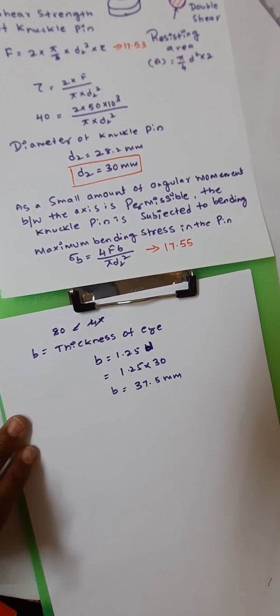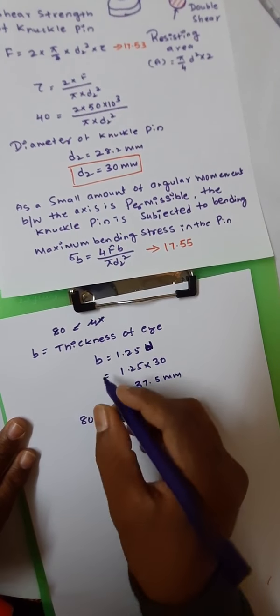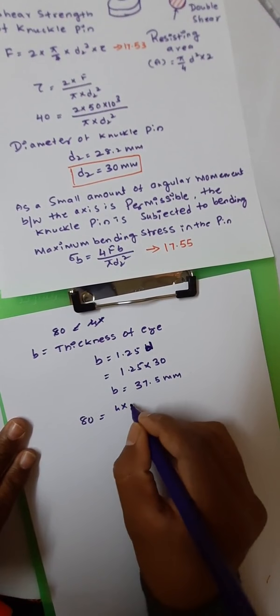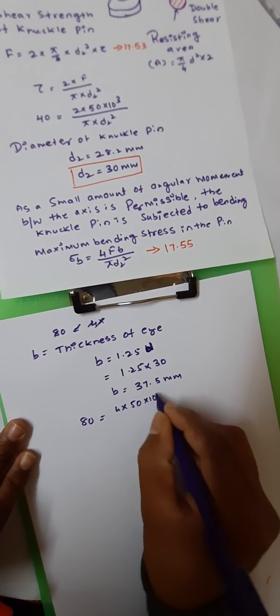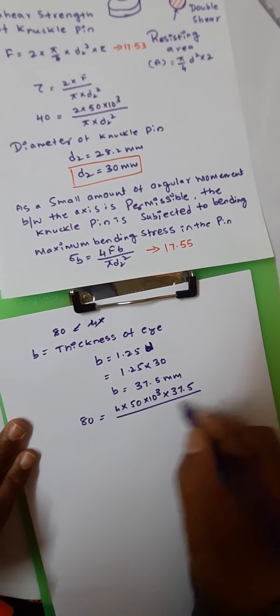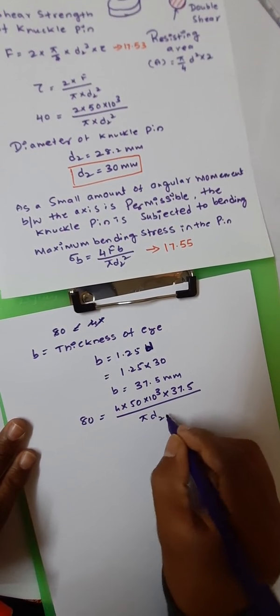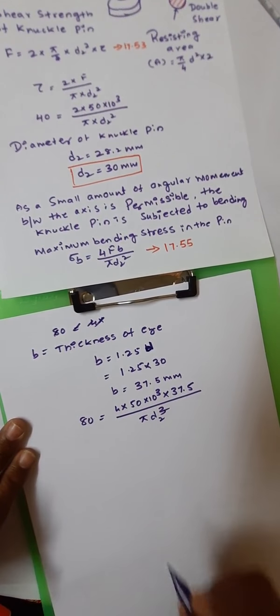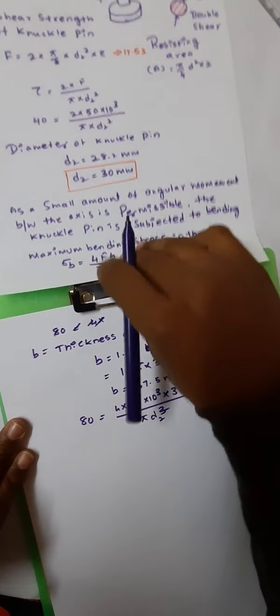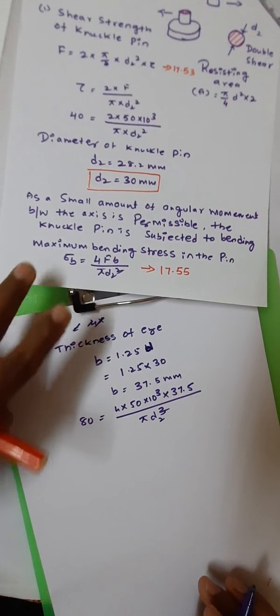In the same way, we substitute all the values into this equation: 80 is equal to 4 into 50 into 10 to the power 3 into 37.5 divided by pi into d2 cube.